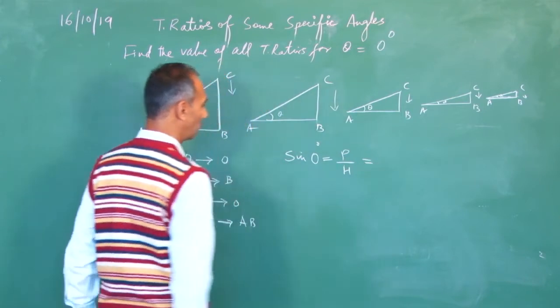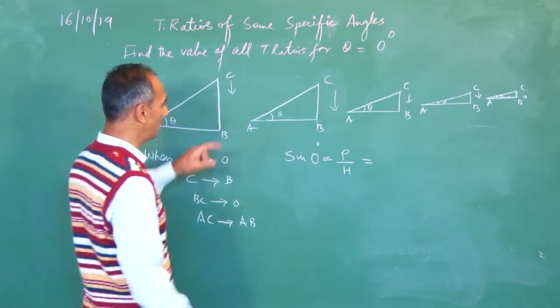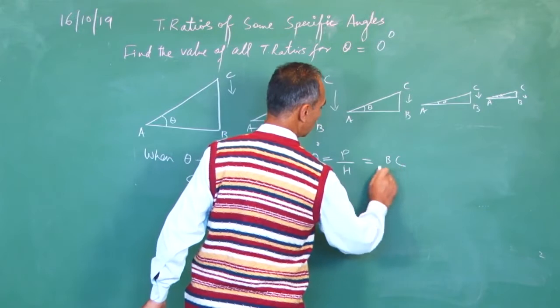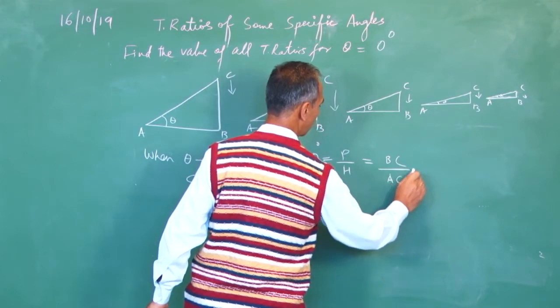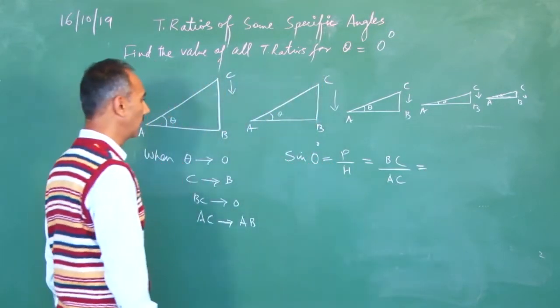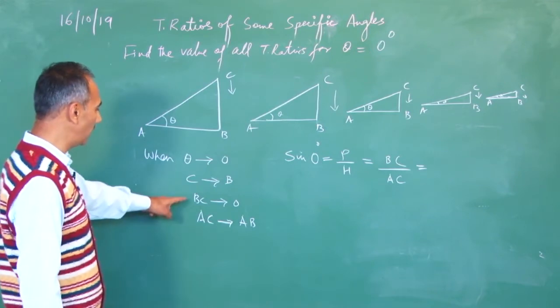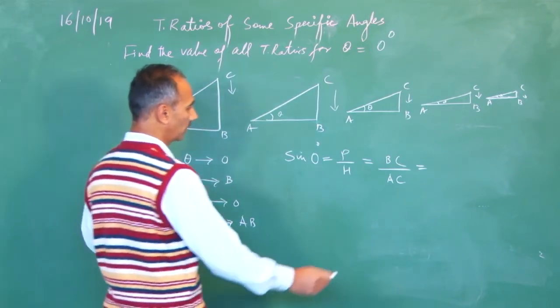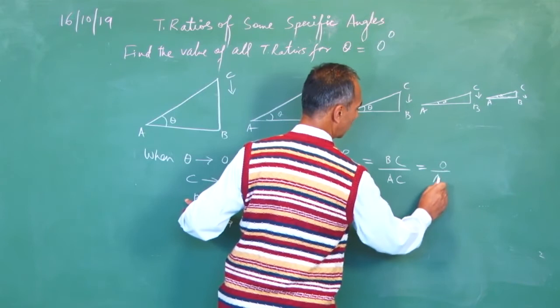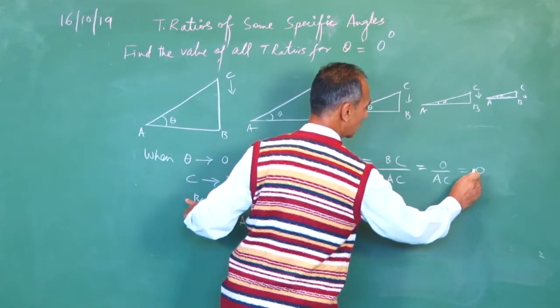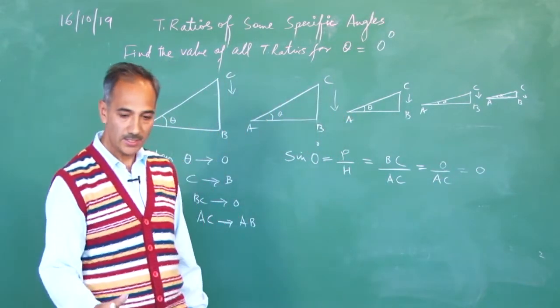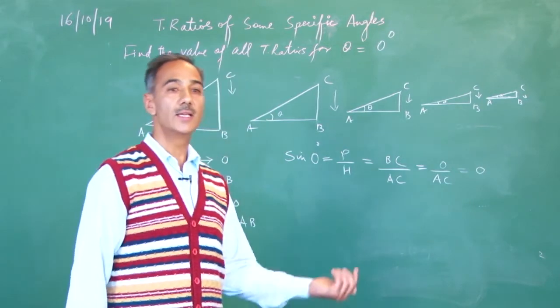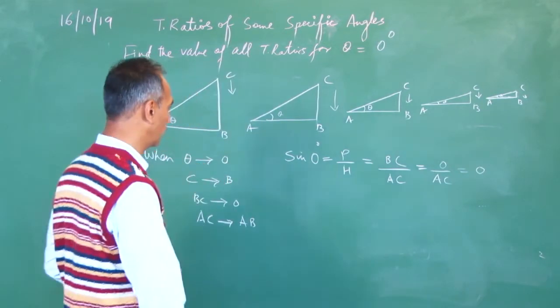What is perpendicular? Perpendicular is BC. And what is the hypotenuse? Hypotenuse is AC. And what is BC? BC is approaching 0. 0 upon AC, so sine 0 is 0. So when theta approaches 0, sine 0 approaches 0.